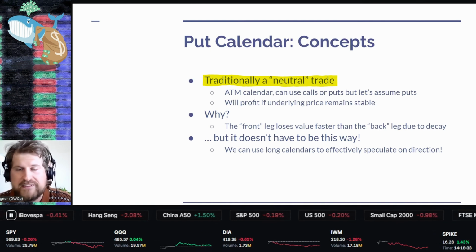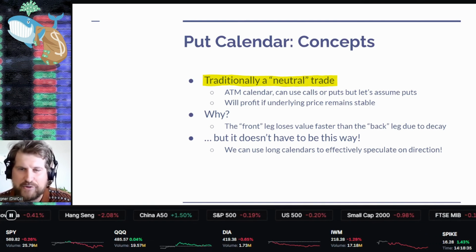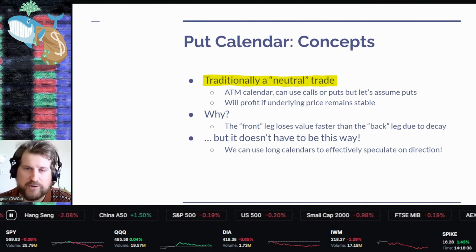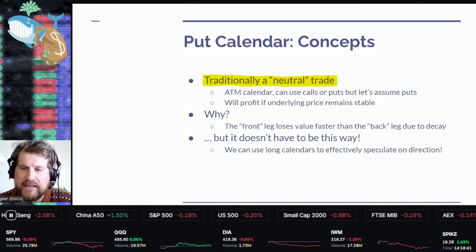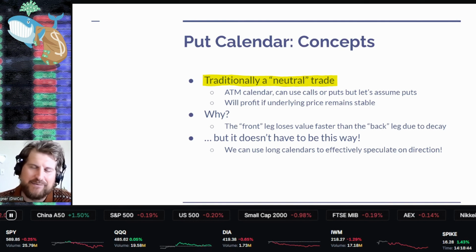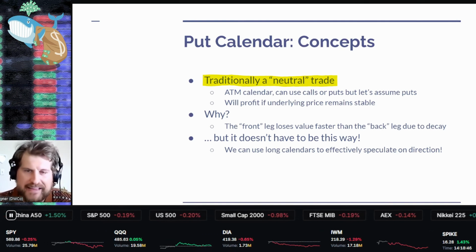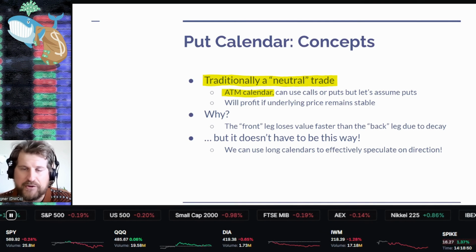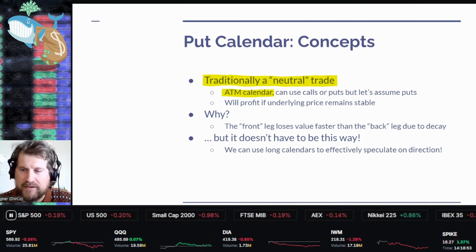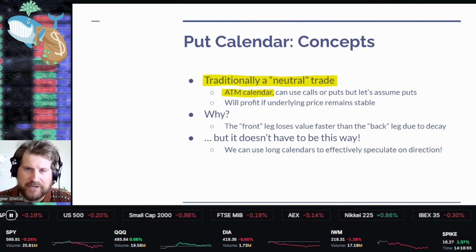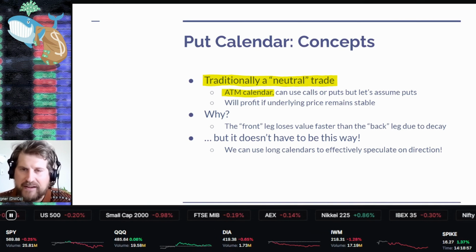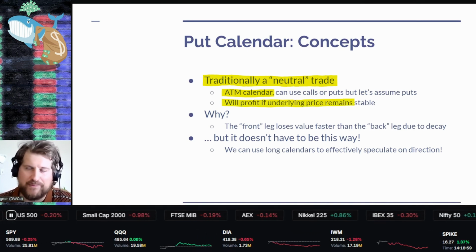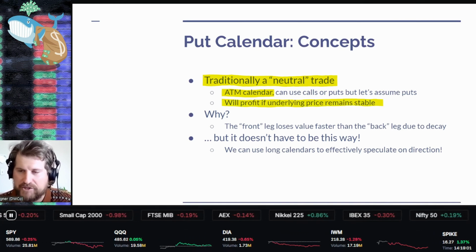The reason is that the traditional calendar spread involves being active with approximately the at the money strike. So whether you're using puts or calls, the profit on a traditional calendar spread is going to come if the underlying price doesn't move around too much.